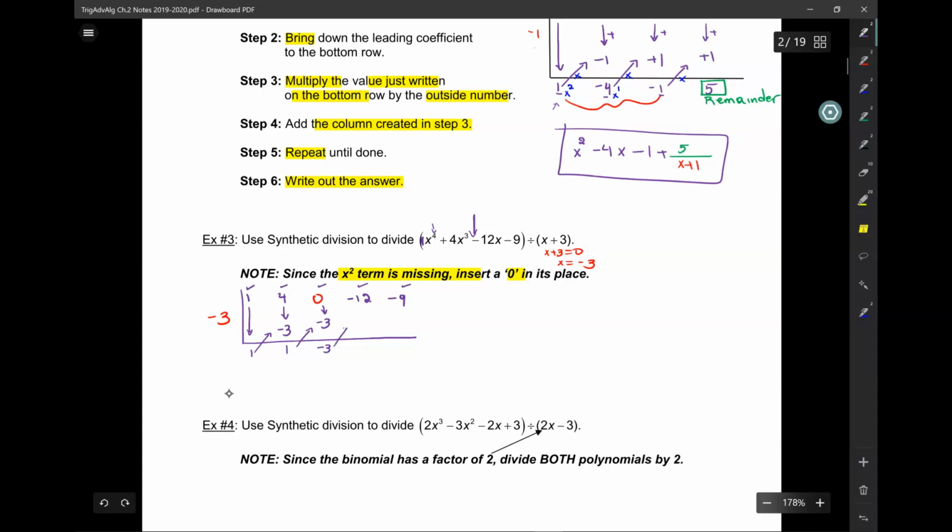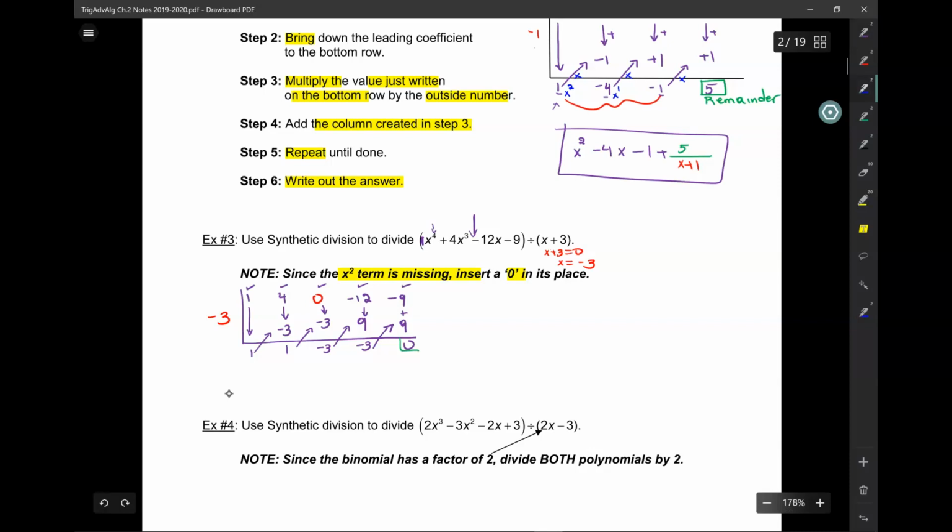Multiplied by the outside number, 9. Add negative 3. Multiply by the outside number, 9. Add 0. Oh my God, I have a remainder of 0. Perfect. Okay? We'll talk later about what that means.